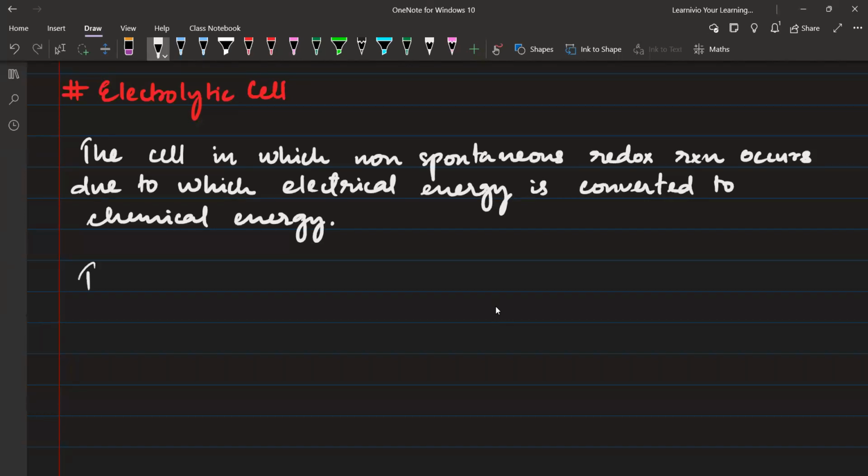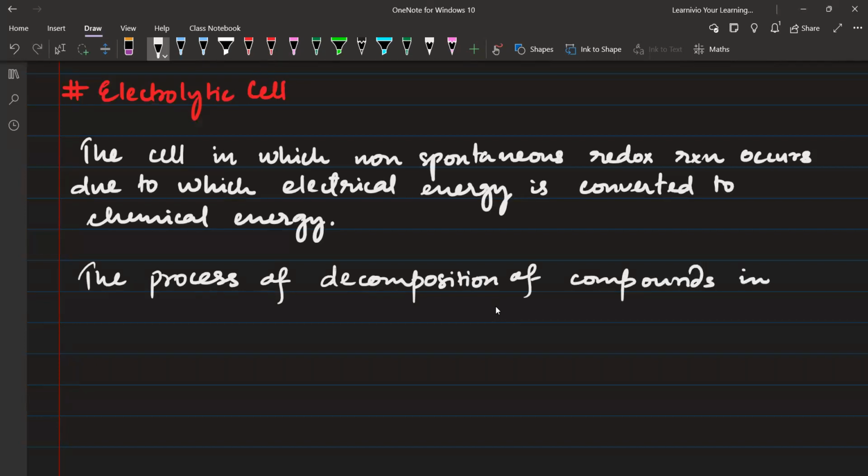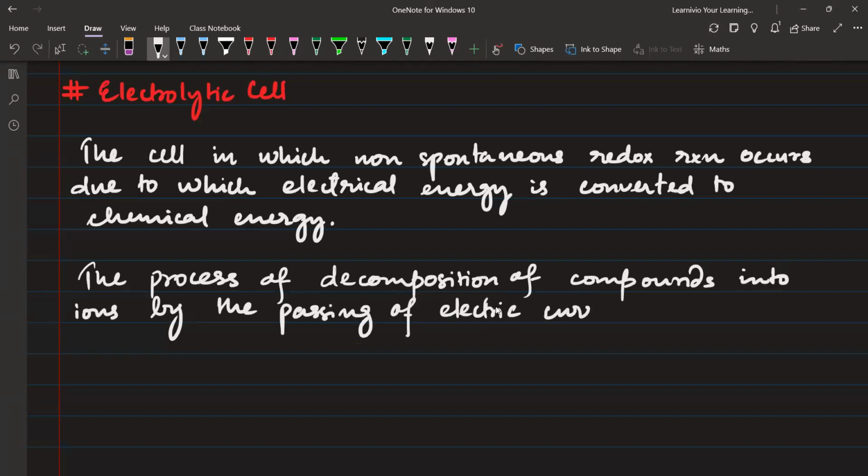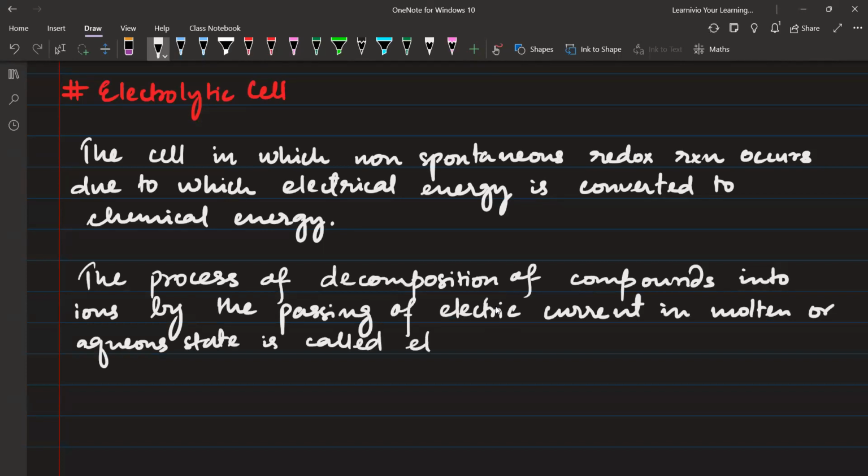So please write the process of decomposition of compounds into ions by the passing of electric current in molten or aqueous state is called electrolysis.